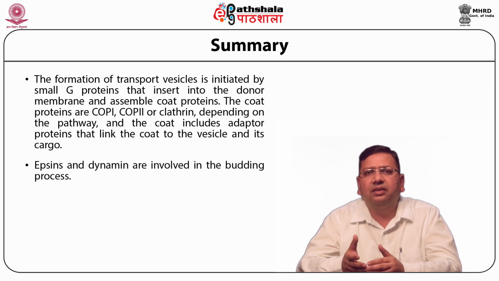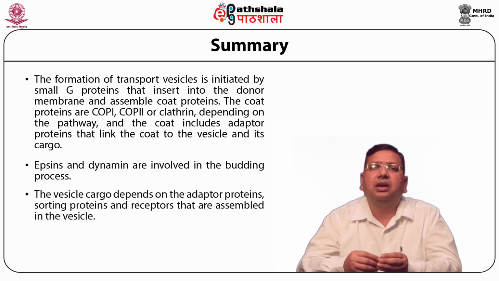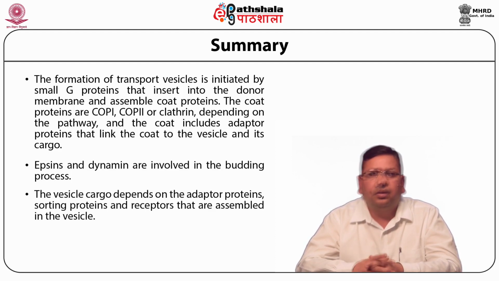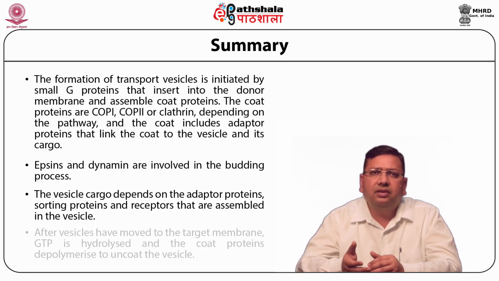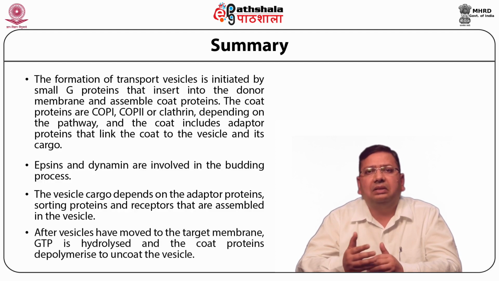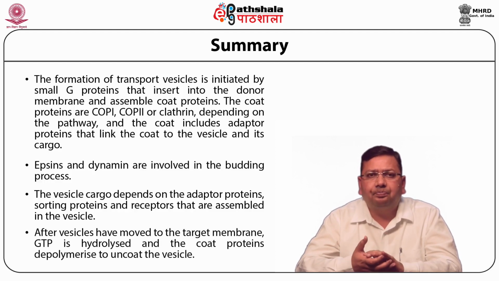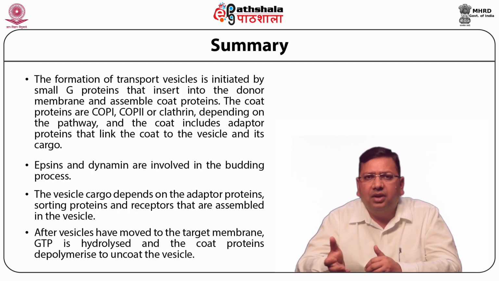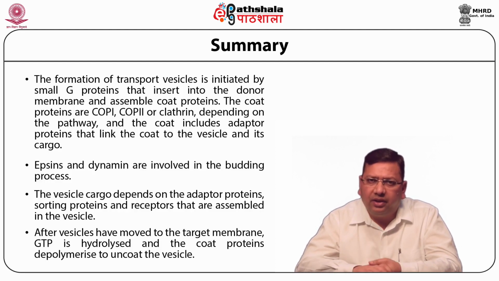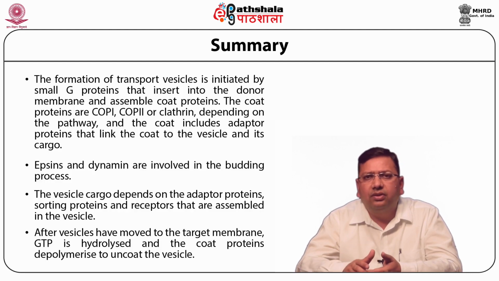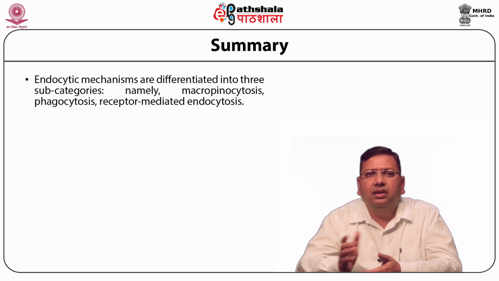Epsin and dynamins are involved in the budding processes. The vesicle cargo depends on the adapter proteins, sorting proteins, and receptors that are assembled in the vesicle. After vesicles have moved to the target membrane, GTP is hydrolyzed and the coat proteins depolymerize to uncoat the vesicle.